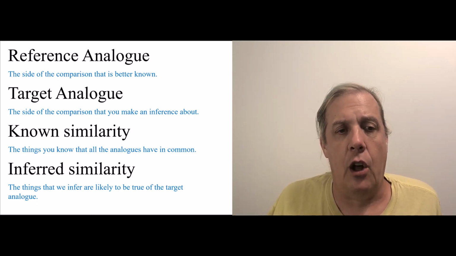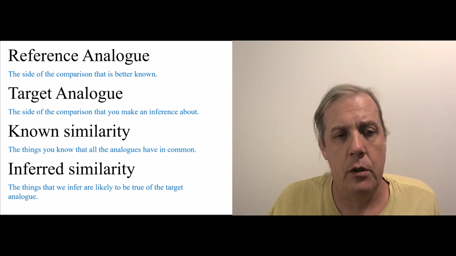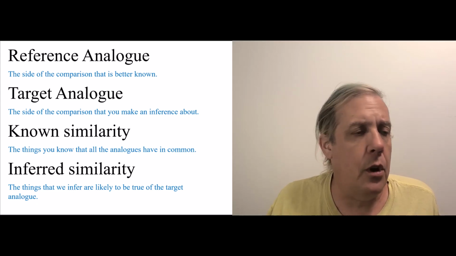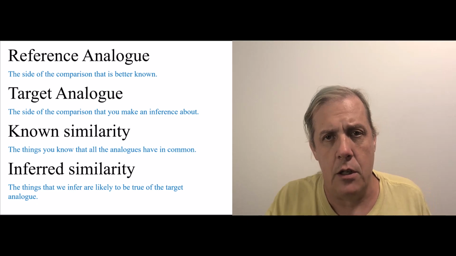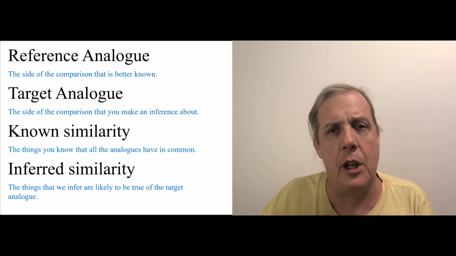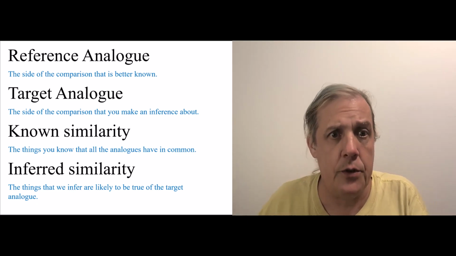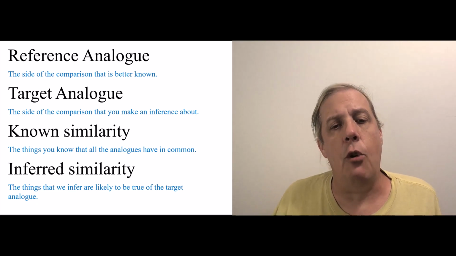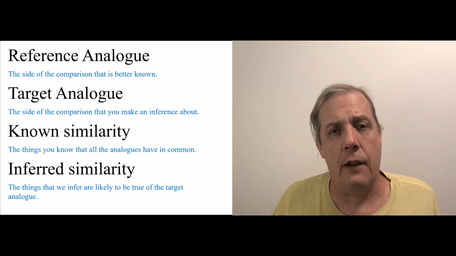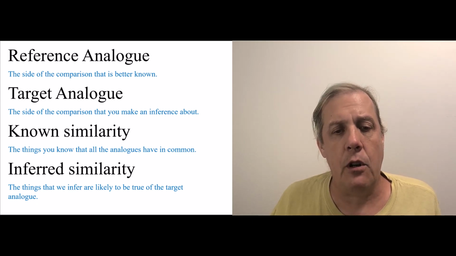The target analog is the side of the comparison you are trying to make an inference about. This is just standard for animal experimentation. You experiment on animals because you can know them, and then you infer something about them in humans. The known similarity is the thing that you know the analogs have in common, and the inferred similarity are the things that we infer are likely to be true of the target analog.